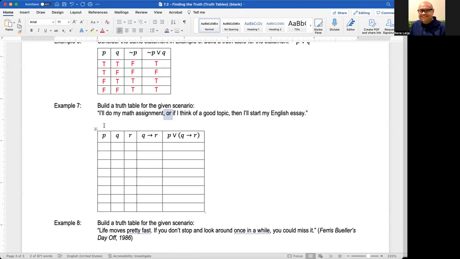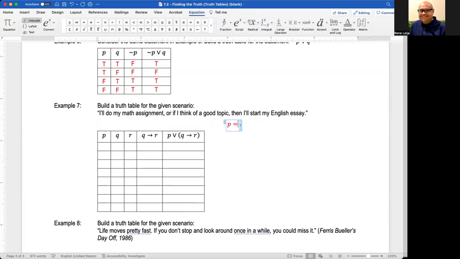Okay. So what we have to do first is I need to assign P, Q, and R. This isn't showing up. All right, that's okay. Here we go.